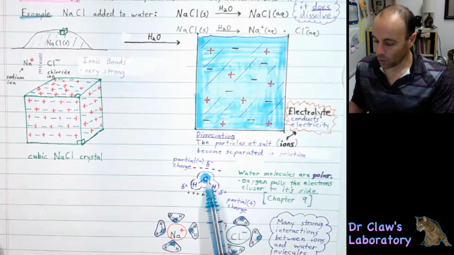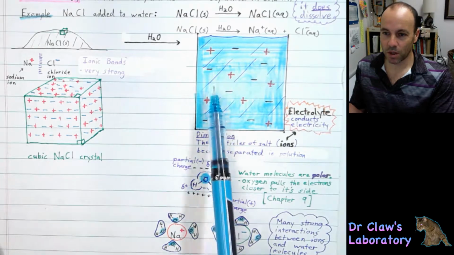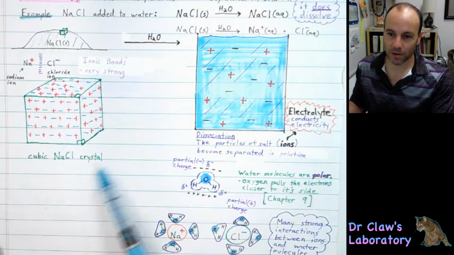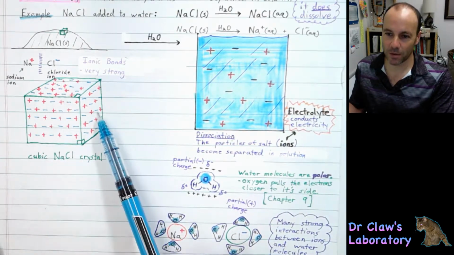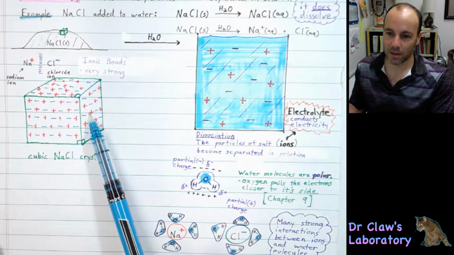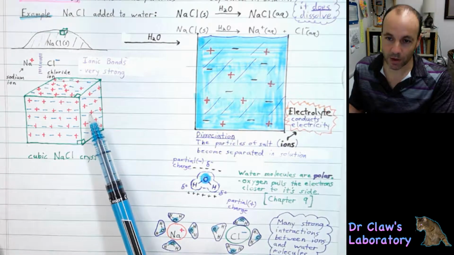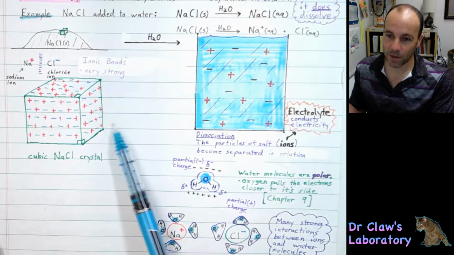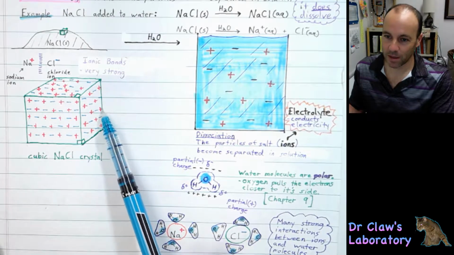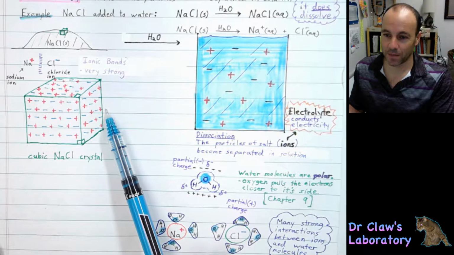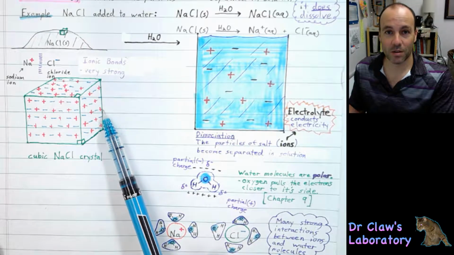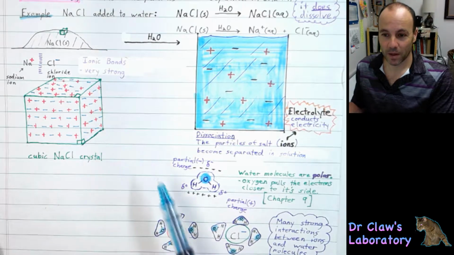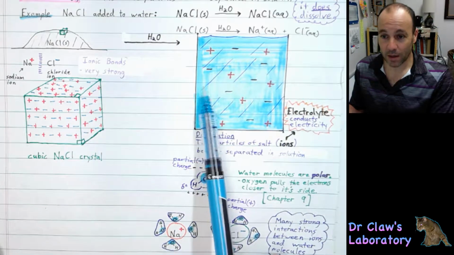You see, when you take this crystal and put it in water, you have water molecules all around this crystal, and they're basically going after these ions. Every single cation now has a bunch of water molecules around it interacting with it, and the interactions are quite strong as well. In fact, it does dissolve.